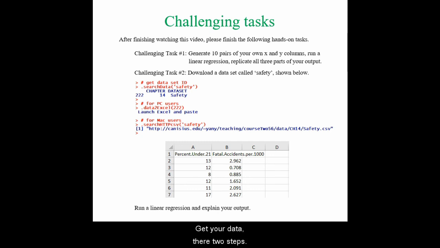To get your data, there are 2 steps. The first step is get the data ID. You use .search data. The input is safety. For this dataset, the dataset ID is 222. Step number 2, for PC users, you can simply use .data to Excel 222. Then you launch Excel and paste it there.